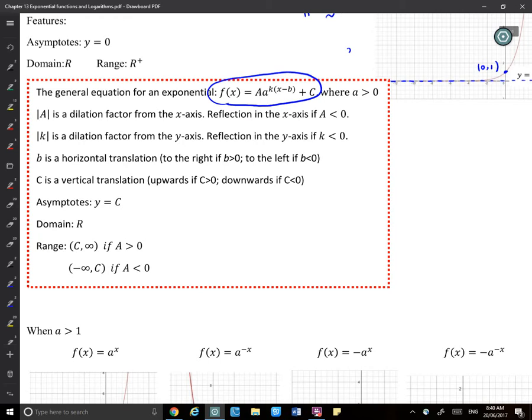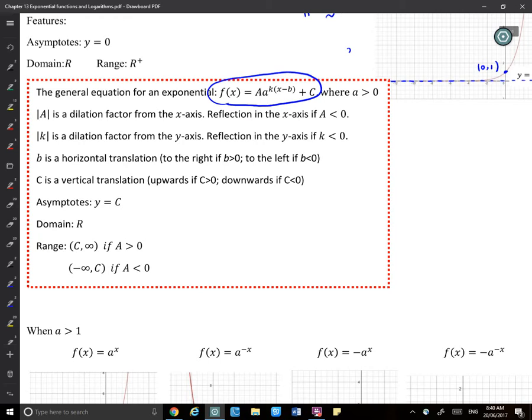Think about transformation. We stretch the graph longer if we multiply by a number in front, like 2. But if A is a half, we compress it, shorter. A can be negative or positive, but the factor will only be positive. If you have a negative, there will be some reflection. I will let you know that later.